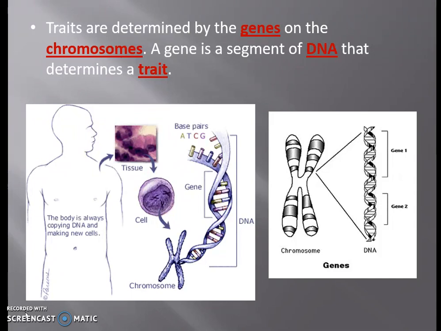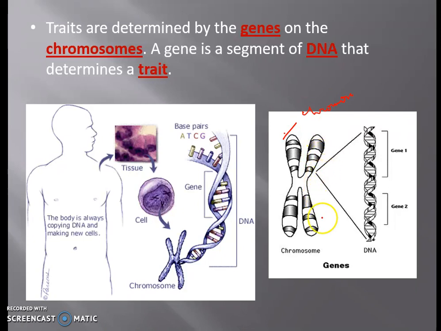If you remember the word genes, these genes are the segments on the DNA that determine the traits, the parts of the DNA which carry the codes for proteins. The part which has a specific code for a specific trait, that part on the chromosome, is called a gene. So let's look at this picture. This is a chromosome.